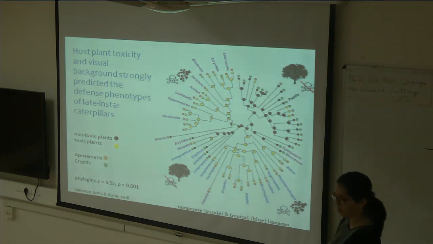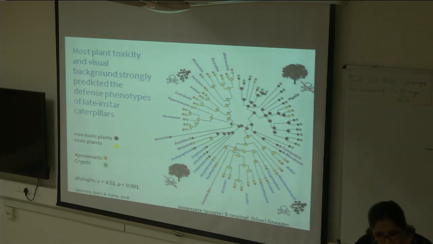I have a question. Suppose in a genus, most of the species have one particular state for the character, and only a few have the other state. How do you code that character? So you don't. Then you need to look at a species-level analysis. When it's consistent within the genus, only then can you use genus as a unit of analysis. For example, if I'm looking at butterflies called birdwings, have you seen?